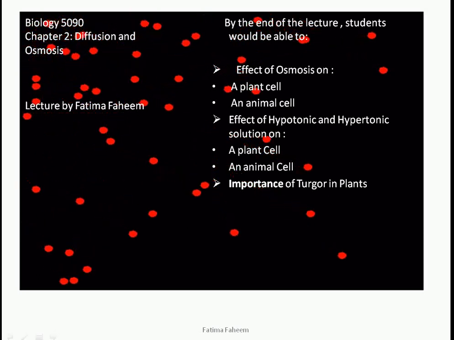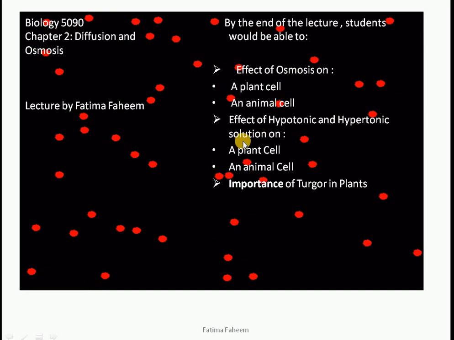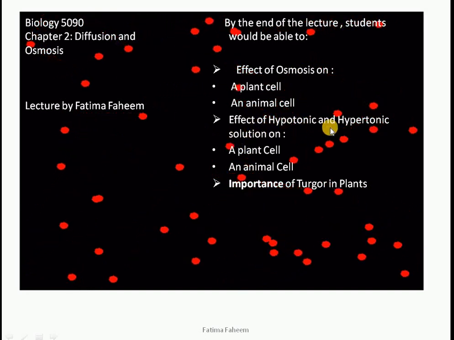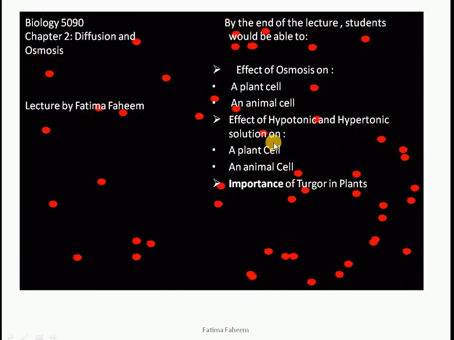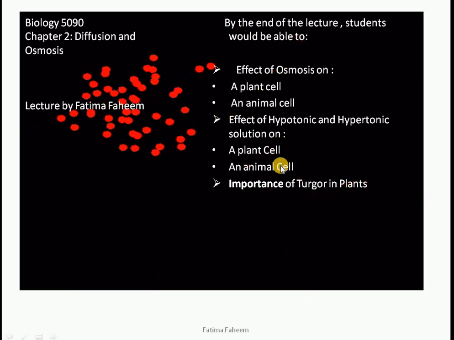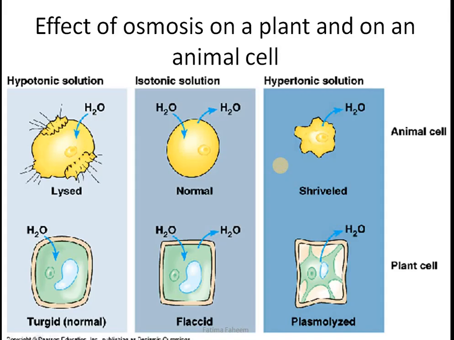To start our topic of the effect of hypotonic and hypertonic solution on both animal and plant cells, let's understand this diagram first. I have taken 3 animal cells and 3 plant cells.